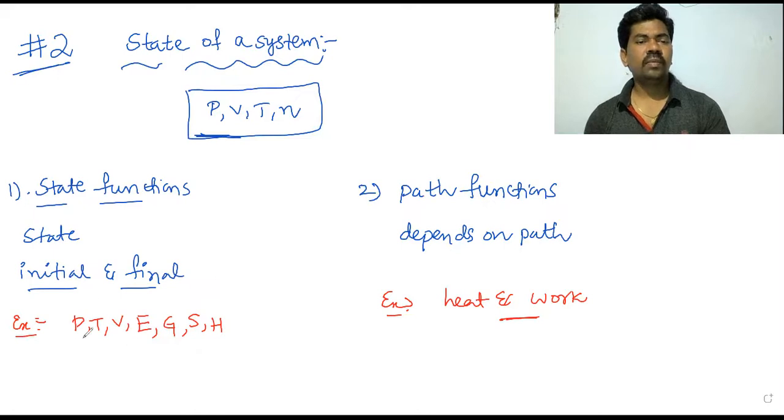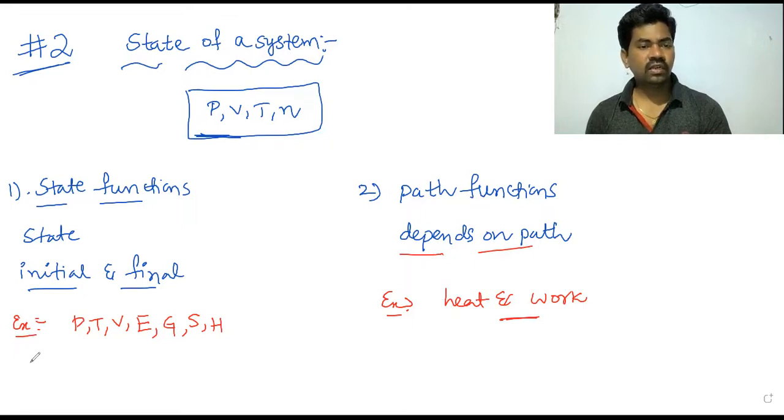The next, path functions, depend upon the path of a system, how it reaches from one point to another point. Those thermodynamic functions are called path functions. Examples: heat and work.